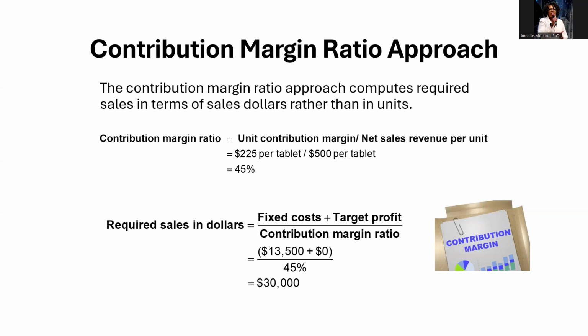So if we were to do this in dollars, the required sales in dollars is your fixed cost plus the target profit divided by the contribution margin ratio. So you have your fixed costs of $13,500 plus the target profit, which is 0, divided by the contribution margin ratio, which is 45%, will equal $30,000 of required sales in dollars.